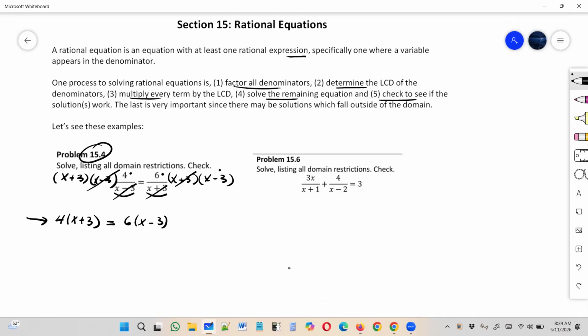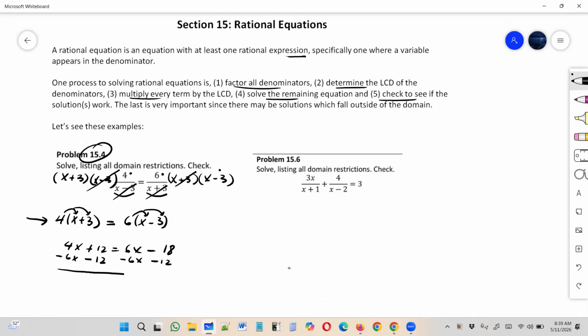At this point, I am at step 4. I am going to solve this remaining equation, which is a linear equation, which is very simple. So distribute the 4, distribute the 6. So 4x plus 12, 6x minus 18. It's a linear equation, minus 6x on both sides, minus 12 on both sides, right?